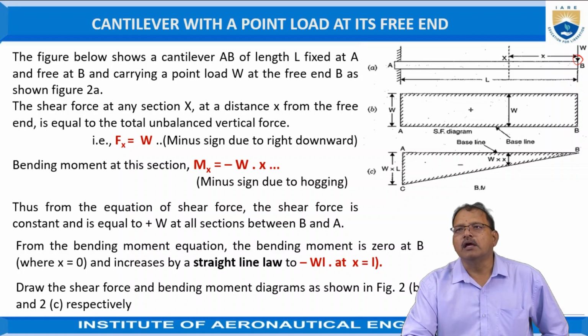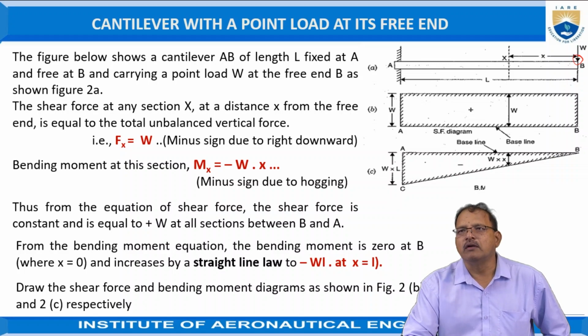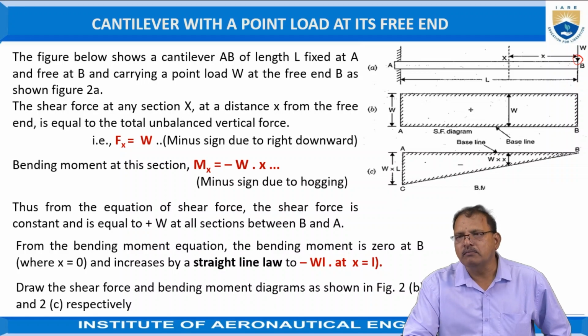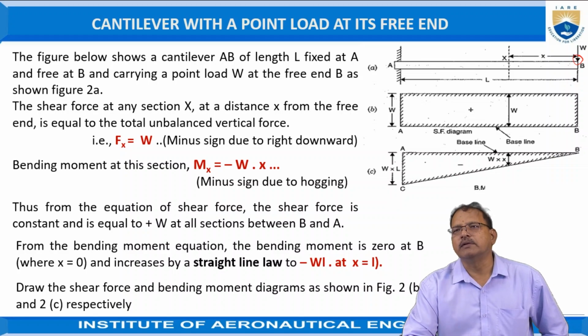The effect of this force is to tend to slide the right side portion of the beam downward with respect to the left side. Hence, this force is treated as a positive shear force. The positive shear force is always represented above the baseline.